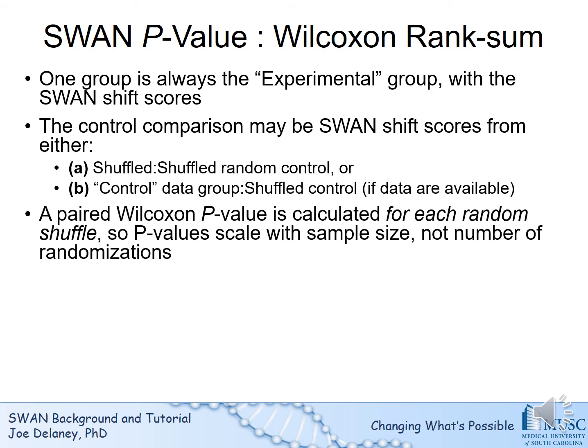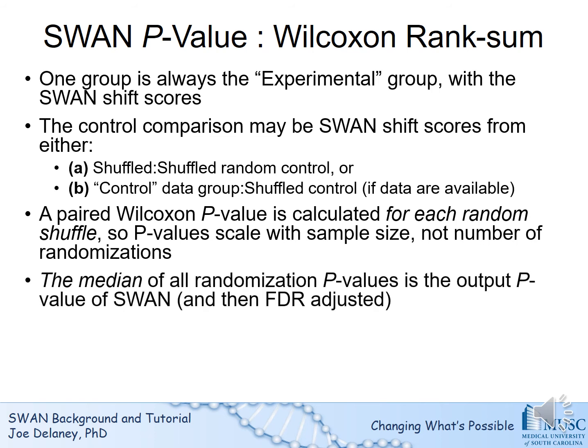A paired Wilcoxon p-value is calculated for each shuffle, and so that can either be that control data to the experimental data, or it can be the shuffle data to the experimental data. And the reason for this is that p-values need to scale with sample size, not the number of randomizations.